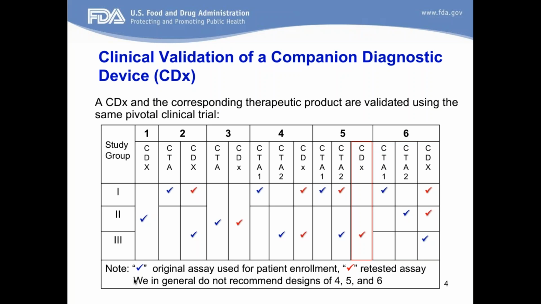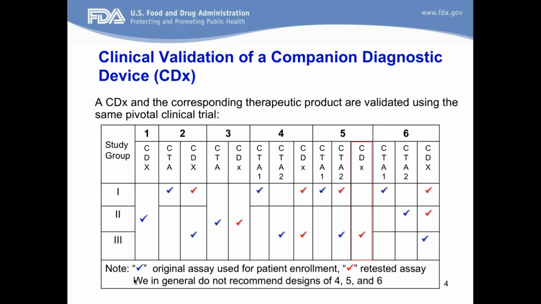So here I listed 6 different types of clinical validation of a companion diagnostic device. I just divided the entire clinical trial into, for example, 3 different study groups, just for the purpose of my discussion.